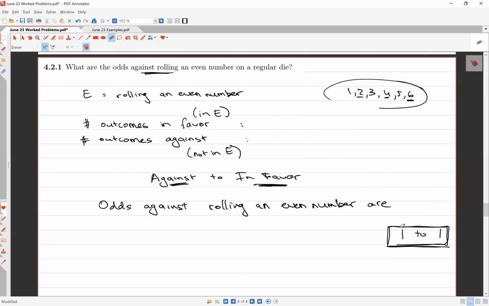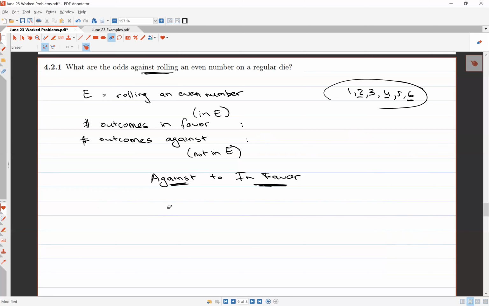So when we're talking about odds, we are expressing the same information as in a probability, but we're expressing that information in a different way. So at this point, we could easily go and calculate.